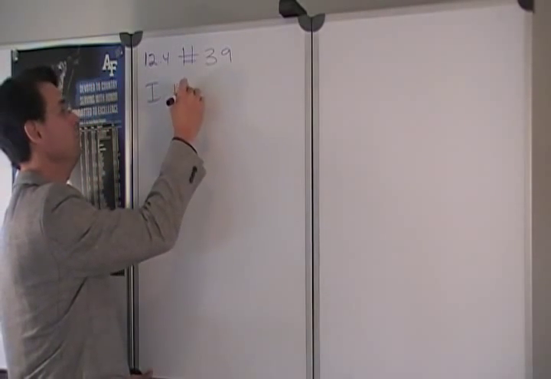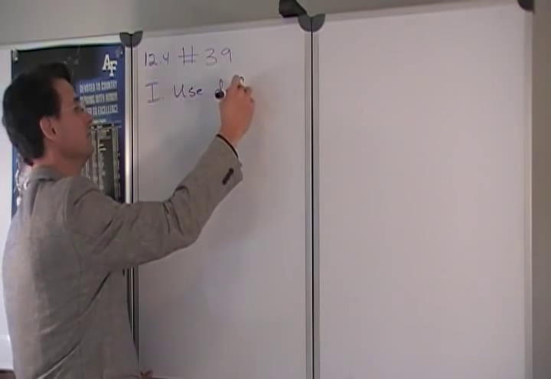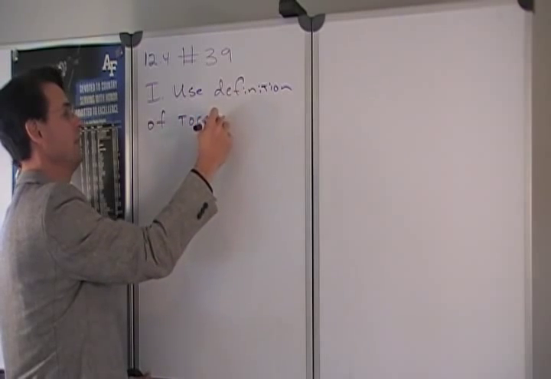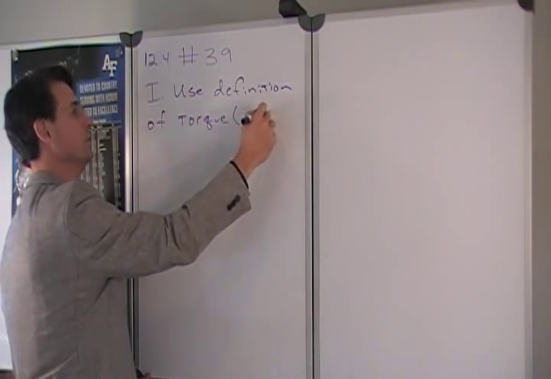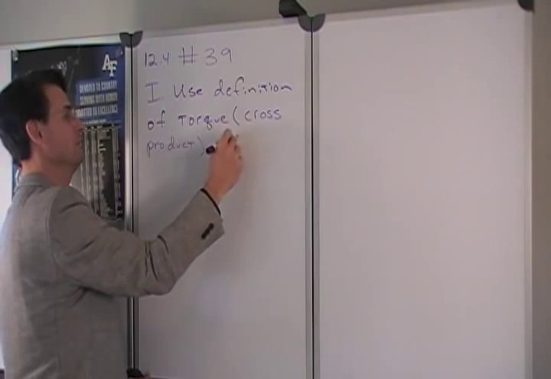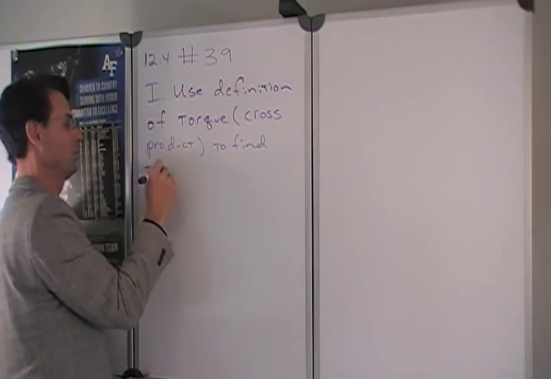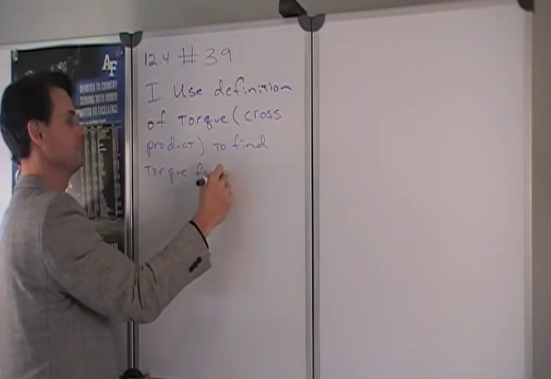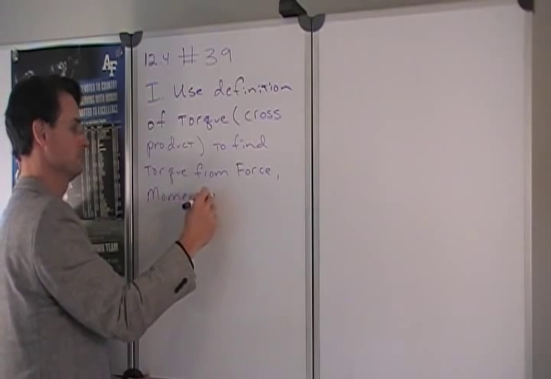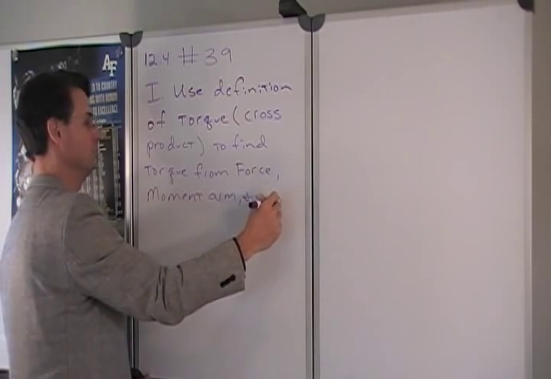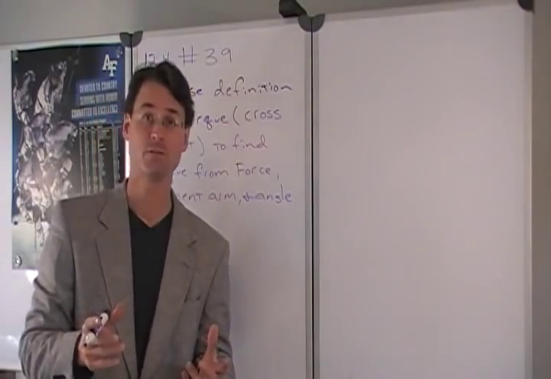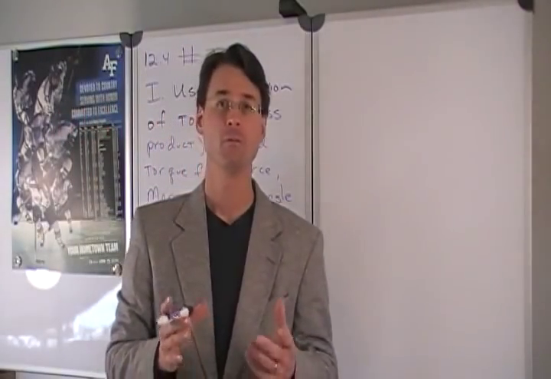So we want to use the definition of torque, and it's particularly important here that the torque is defined as a cross product to find torque from the force, moment arm, and angle.